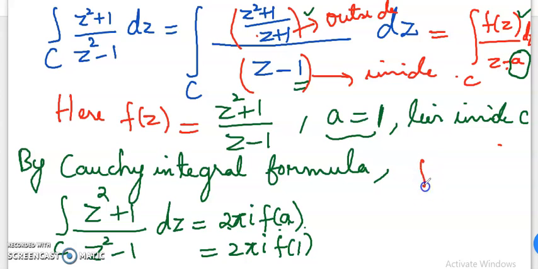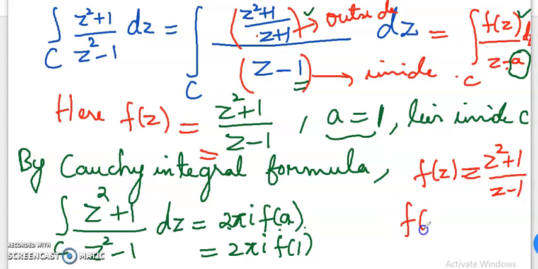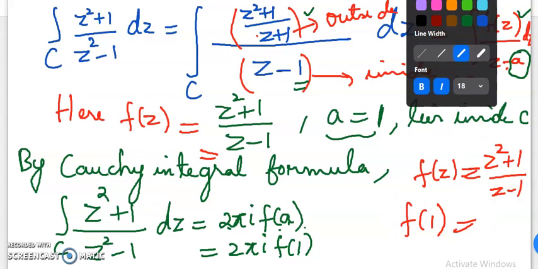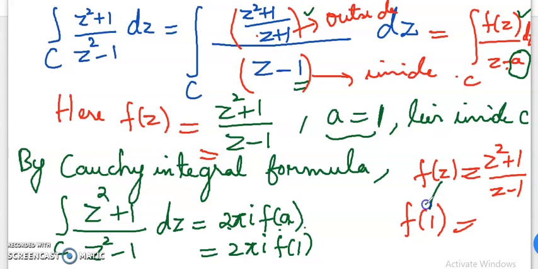We know f of z is the numerator, right? F of z is equal to z square plus 1 by z plus 1. So f of 1: replace z by 1.